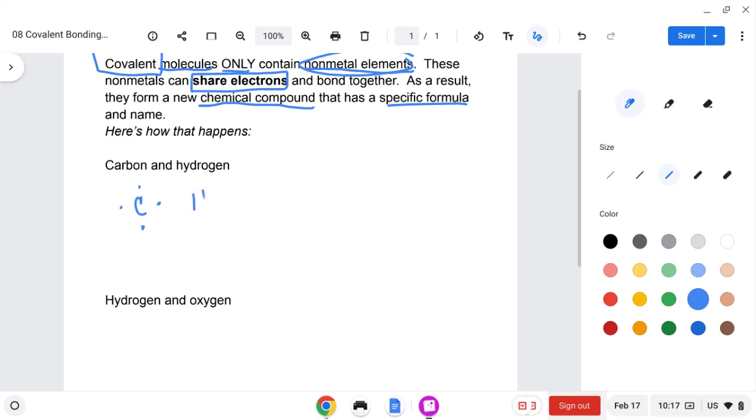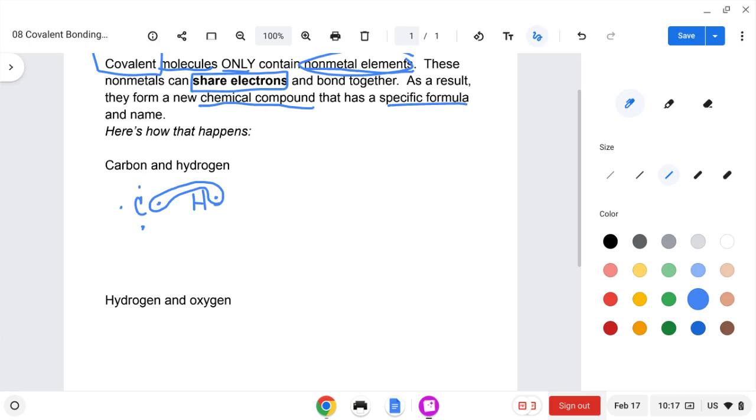Hydrogen sits in group 1. Group 1 elements have 1 valence electron. So what we do is these 2 single electrons are going to find themselves, and we're going to draw a big circle, not really a circle, a big long bubble, around those electrons, and they would pair up in a little group of 2.